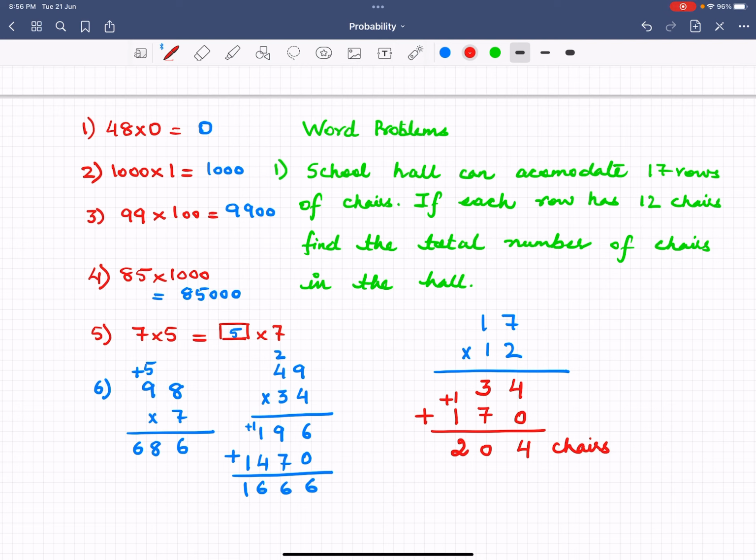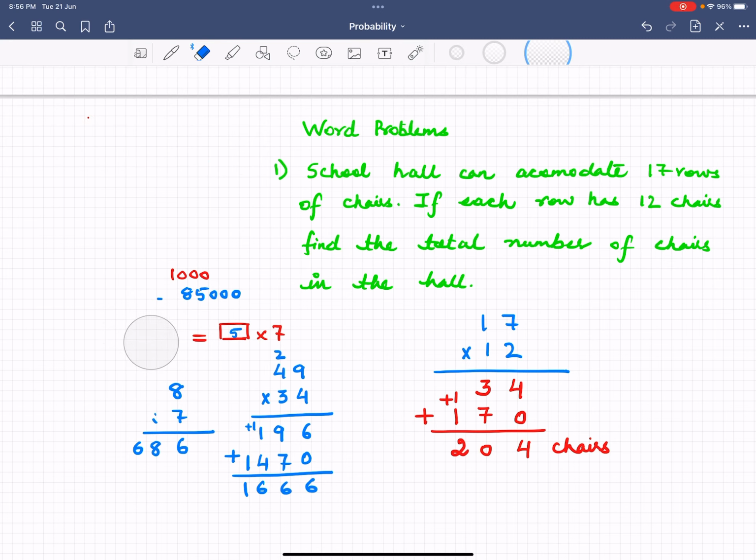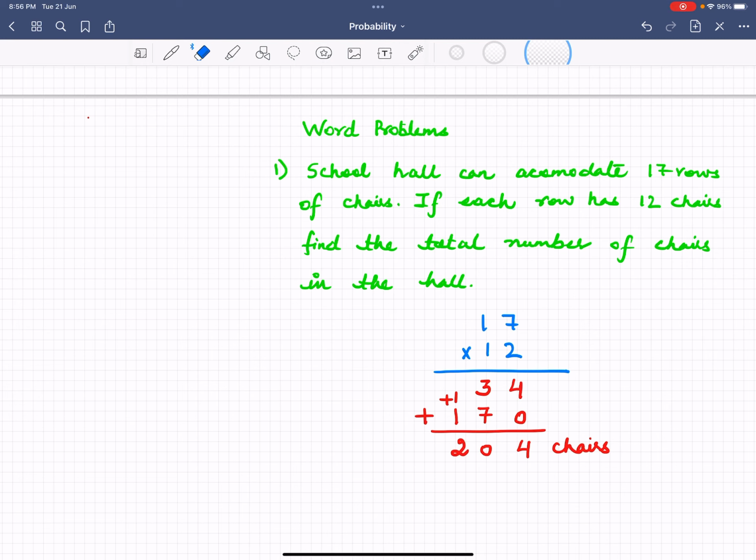Before I wind up with this video, there is one important point that just came to my mind, which I would like to bring to notice about multiplication with multiples of 10. So if we have a decimal number, for example, if I have 98.97 and this is multiplied by a multiple of 10, say, for example, 1000.